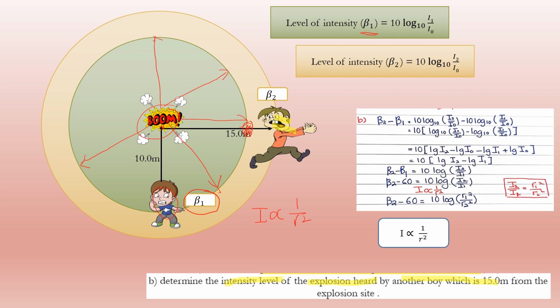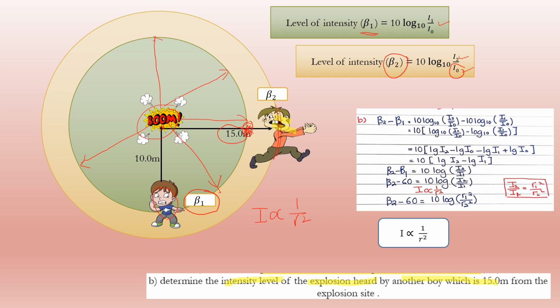So 10 log10 I1 over I0. Okay, then this guy here, he sits at the radius of 15 meter. So I find the level of intensity in comparison to the standard intensity, which is I0. So I get beta 2. Okay, 10 log10 I2 over I0.